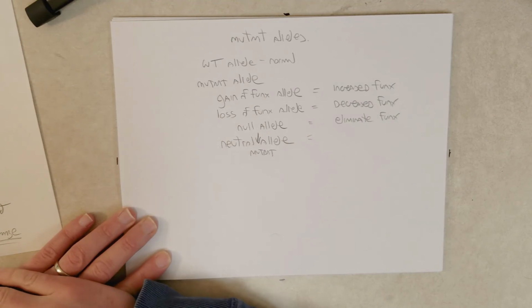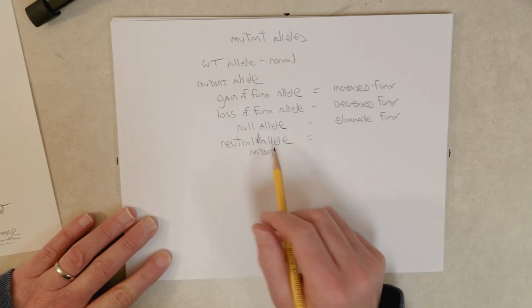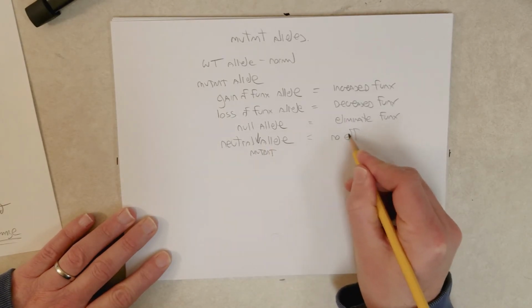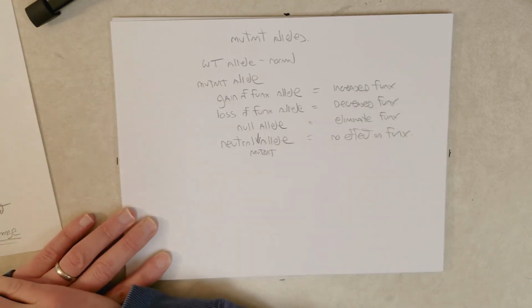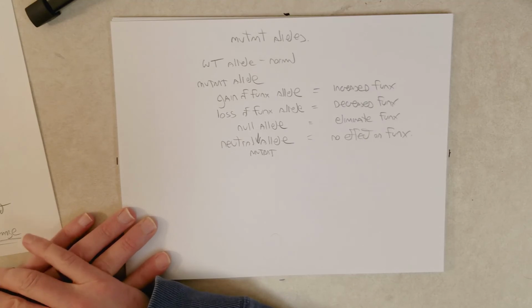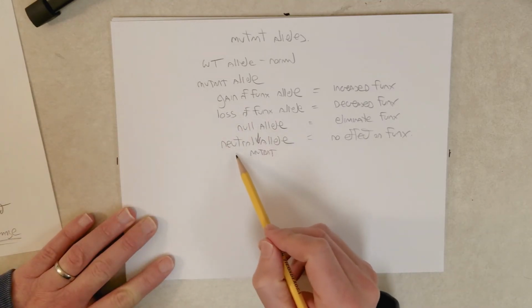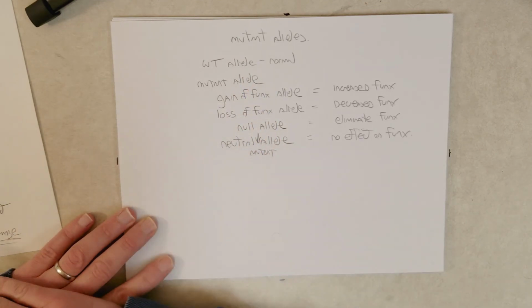A completely non-functional protein is the result of a null allele. A neutral allele would be a mutation that has no effect on function. We'll see how certain mutations can have no effect on function of a protein. So how is it different from the wild type allele? It just has a different DNA sequence, but it has no effect on function of the protein.